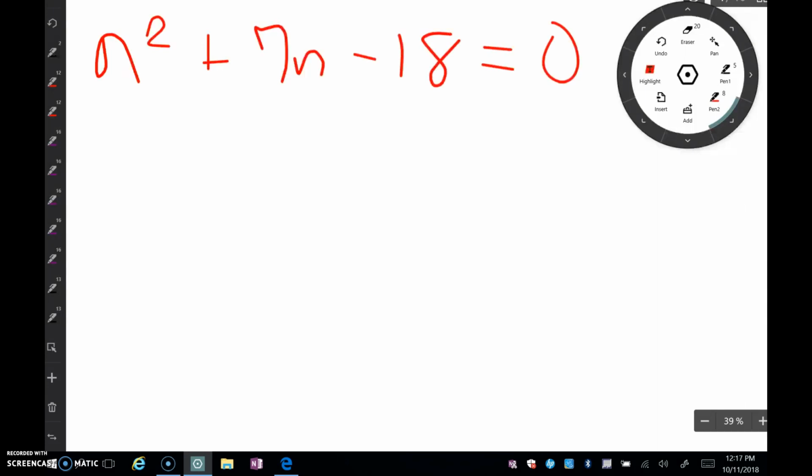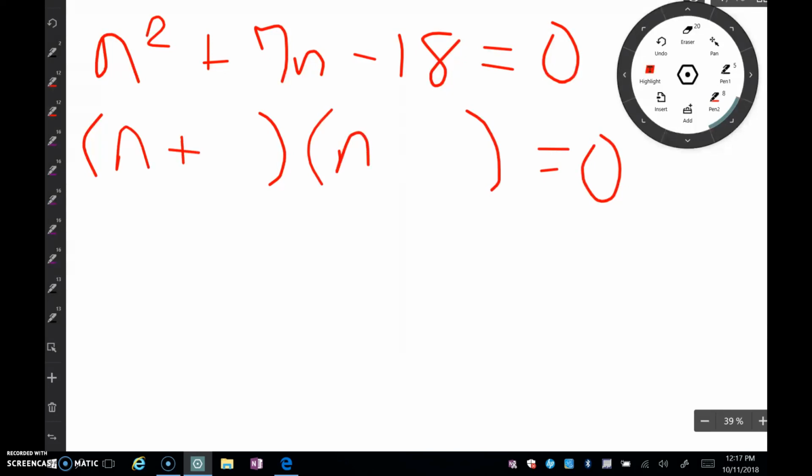And if I put that in order, I have n squared plus 7n minus 18 equals 0. And there you can do the quadratic formula, or you can factor. I'm going to factor this one, so n and n. And if I do plus 9 and minus 2, I'll get my 7n there.